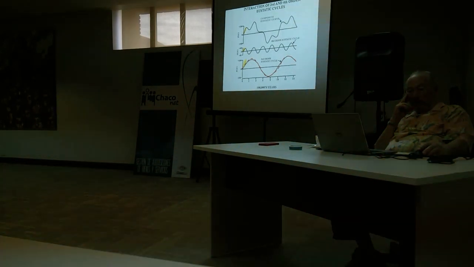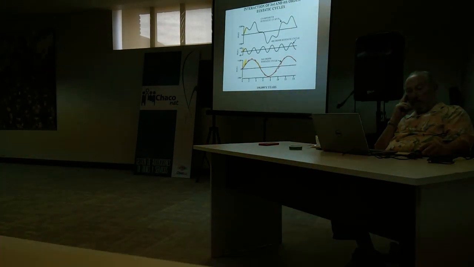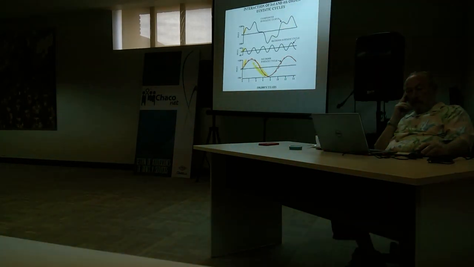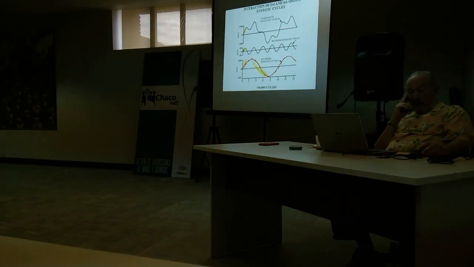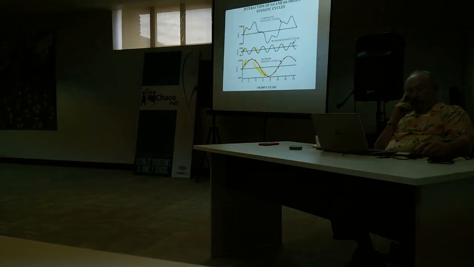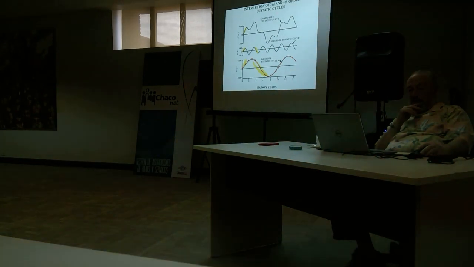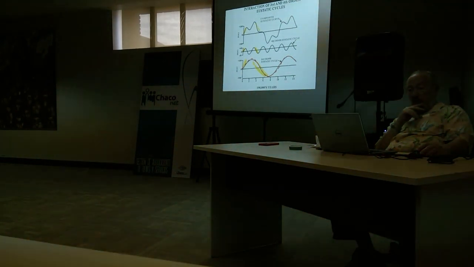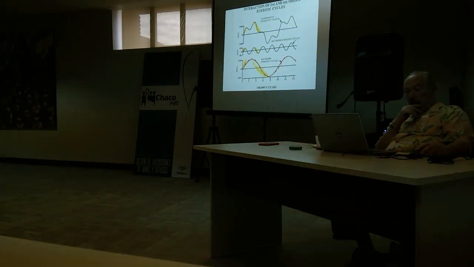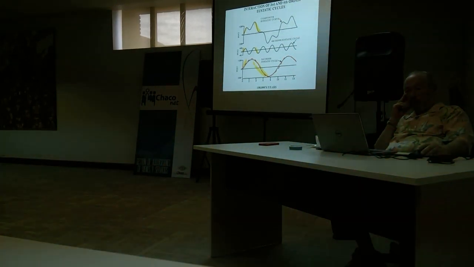If we come around to here, we get a big drop in third order sea level and a drop over here. What's going to be the composite? It's going to be this one here, meaning you're going to get a big drop in sea level. Over 100 feet drop in sea level.